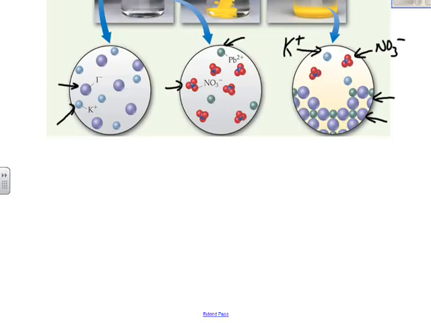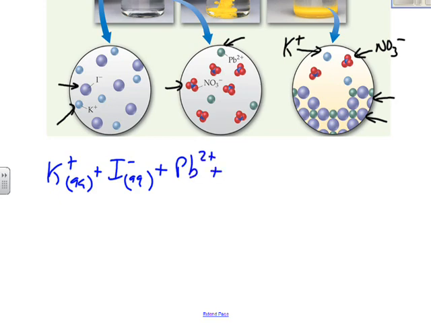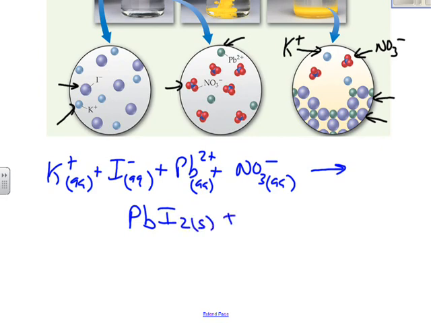If we write the equation for this reaction, we would have potassium ions plus iodide ions reacting with lead ions plus nitrate ions, forming lead iodide solid.